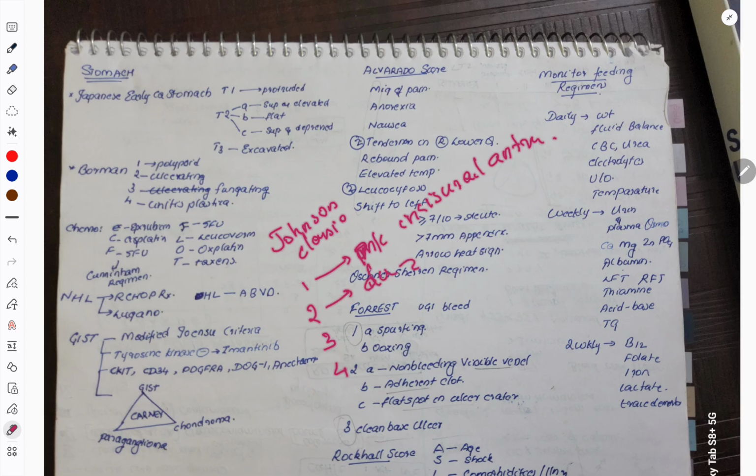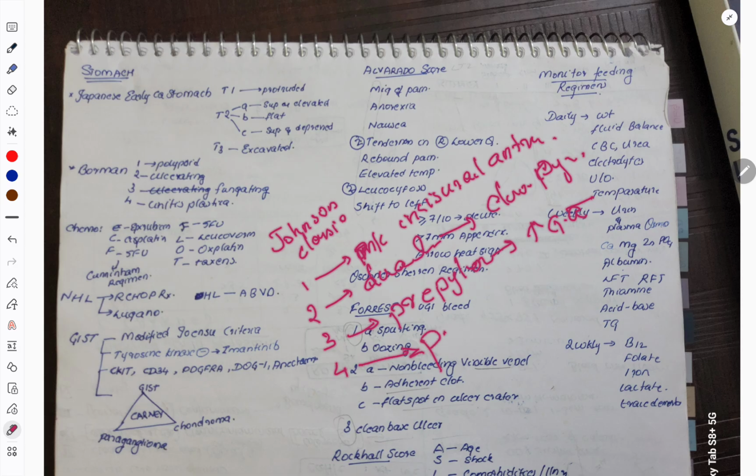Type 2 is a dual ulcer. Okay, one in the duodenum and the other one in the pylorus. Now type 3 is a pre-pyloric ulcer, which is seen mostly because of increased gastric acid secretion.